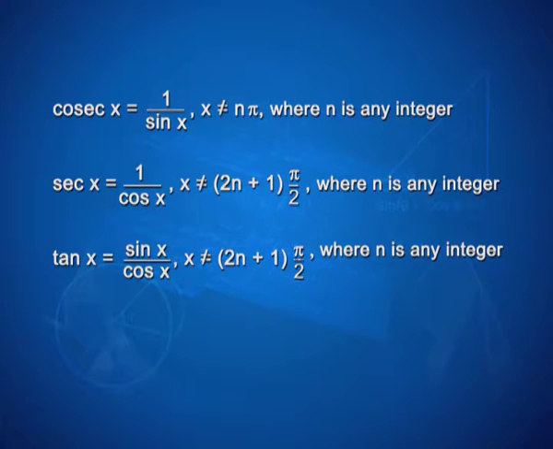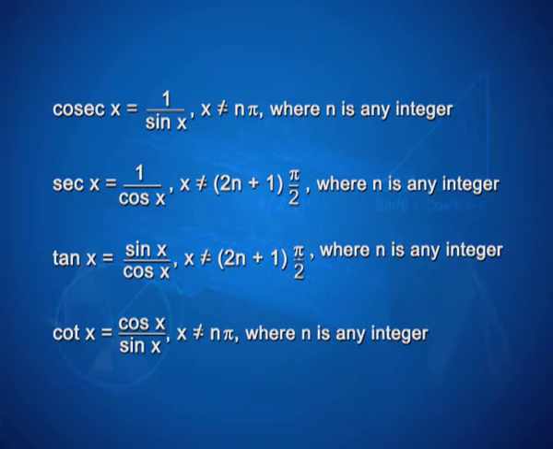Tan x is equal to sin x upon cos x, x not equal to (2n plus 1) into pi by 2 where n is any integer. Cot x is equal to cos x upon sin x, x not equal to n pi where n is any integer.